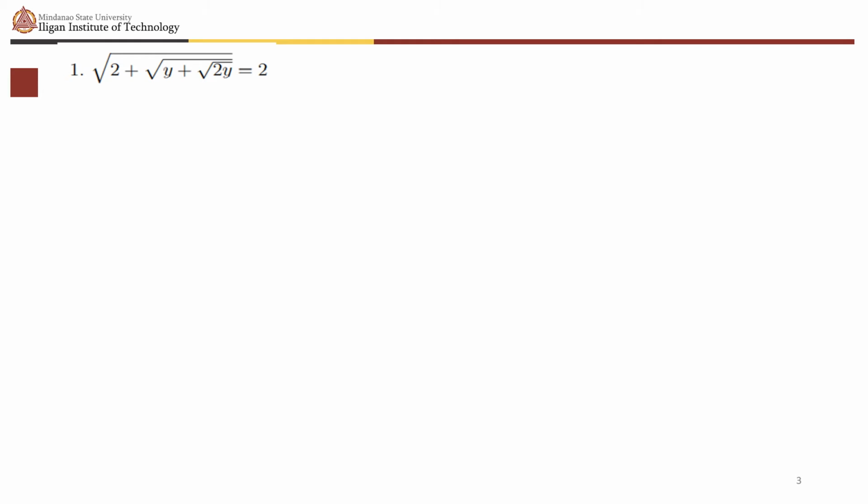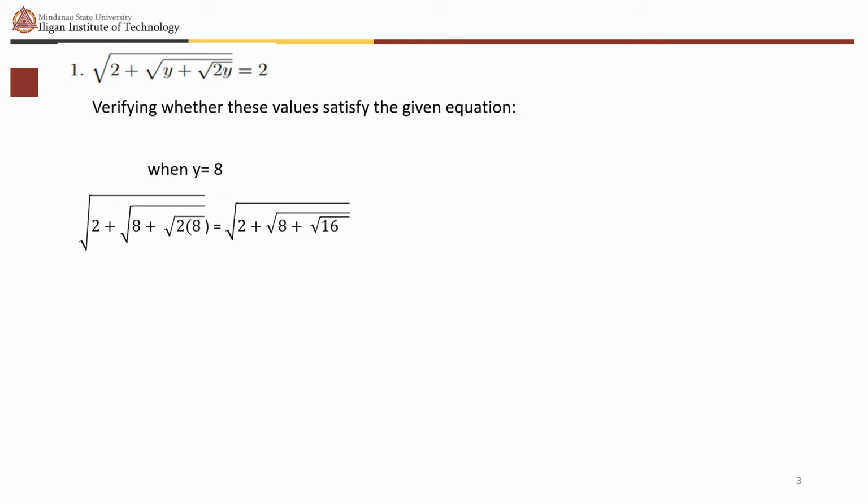So we now verify in the original equation whether the values that we get will satisfy the equation. So when y is equal to 8, we have the following. That is, we now replace y here by 8 and y again here by 8.